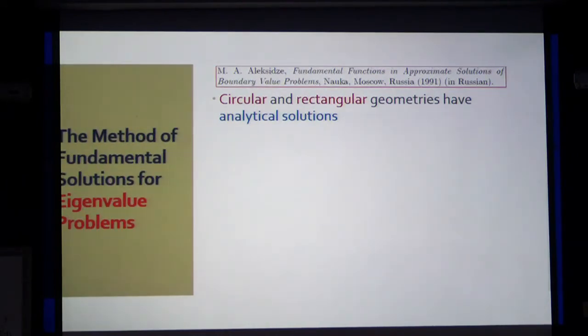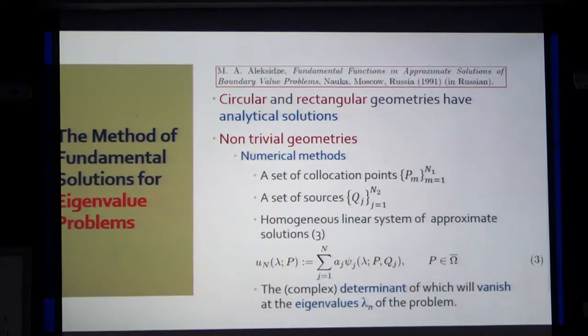For two special cases, which are circular domains and rectangular ones, the solutions exist in an analytical way, so it is very easy to compute the solutions for the eigenvalue problems in those geometries. But in the cases of non-trivial geometries, you have to use numerical methods, and in most of those cases no analytical solutions are available.